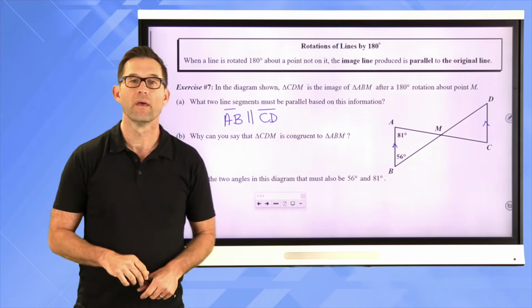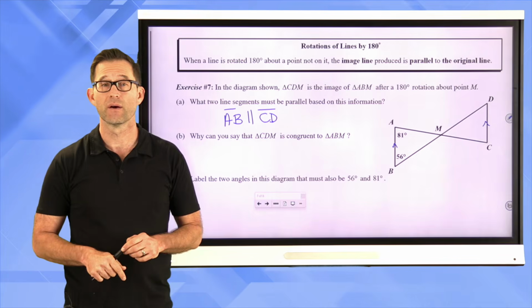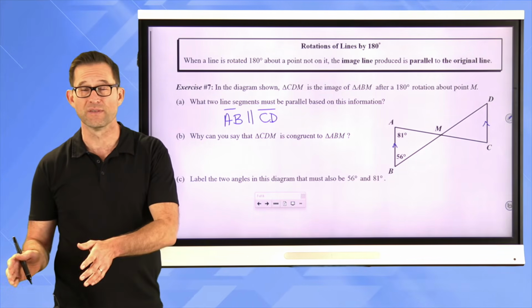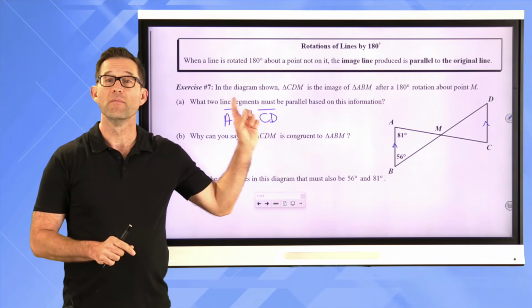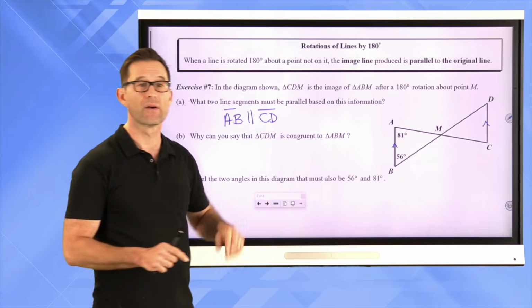All right. Letter B. Why can you say that triangle CDM is congruent to triangle ABM? Okay, well, this is simple enough. Rotations are rigid motions. And so triangle CDM must be identical to triangle ABM.